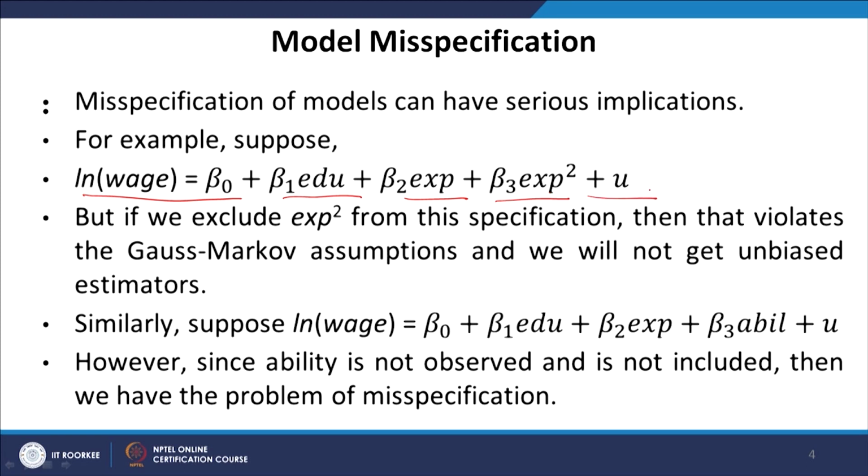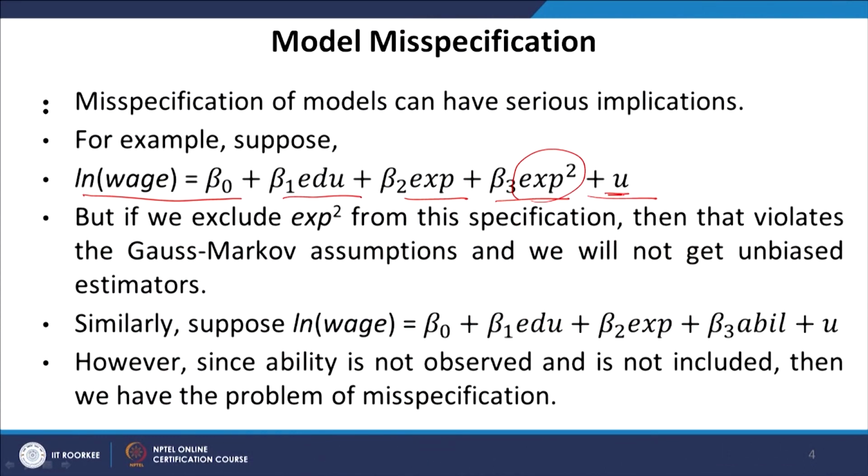This is the population specification of the model, but if we exclude experience square from this specification, then that violates the Gauss-Markov theorem assumptions and we will not get unbiased estimators, because experience square will be a part of the error term, and as a result the assumption that the expected value of u conditional upon all functional forms of x is equal to 0 is actually not valid anymore.